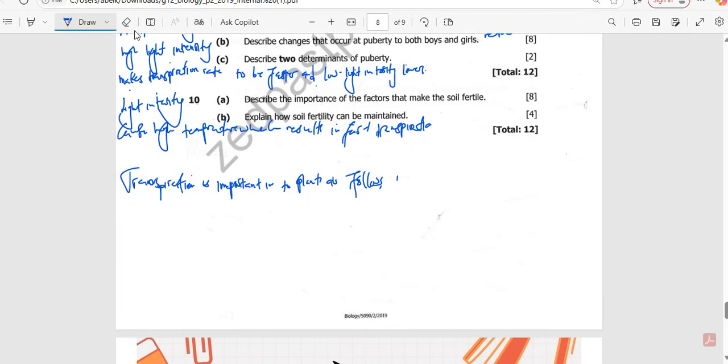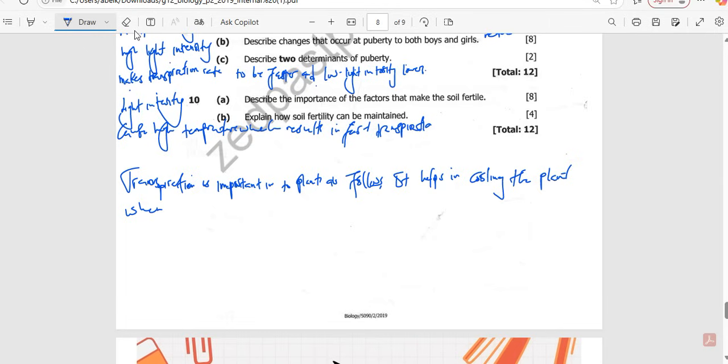So then we say it helps in cooling the plant.